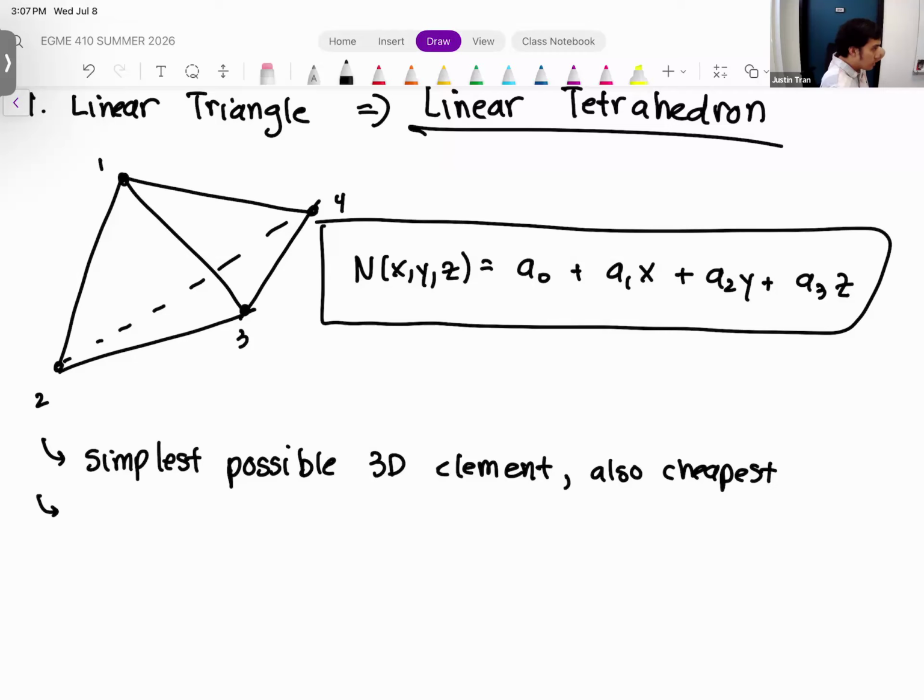So there's still some good reasons to use it. Just like its 2D counterpart, the linear tetrahedron has what we call the simplex property. To remind you, the simplex property means that it can mesh basically any 3-dimensional geometry very effectively.